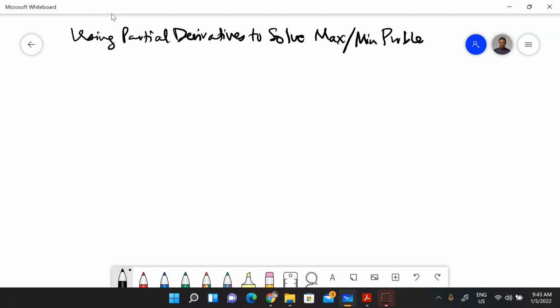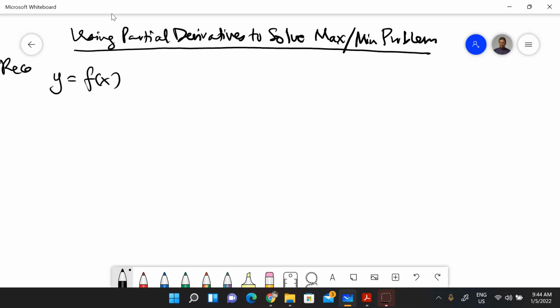So let us recall some of the basic things that we have done in ordinary calculus. For example, when you write y equals f of x, one can find the maximum or minimum by taking the derivative and setting it equal to 0.